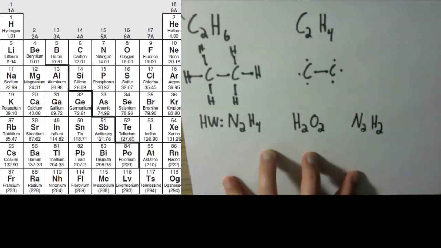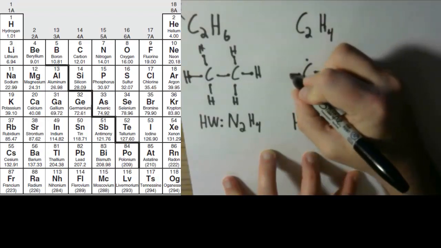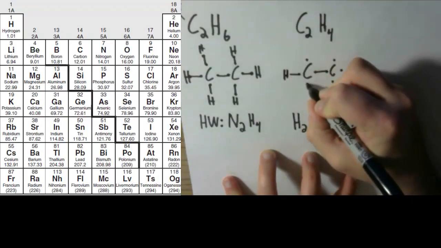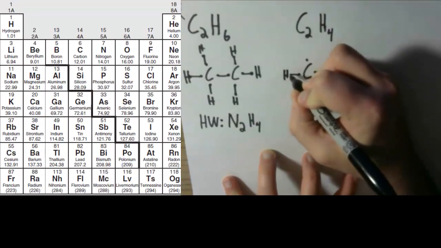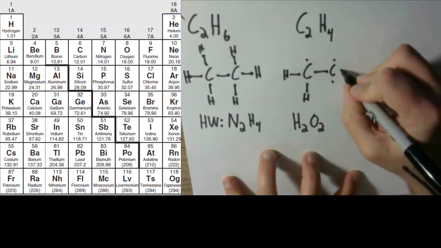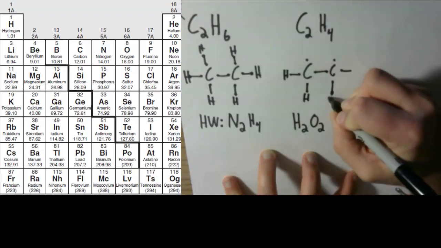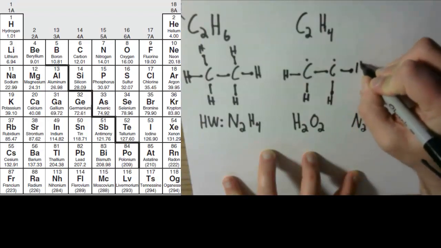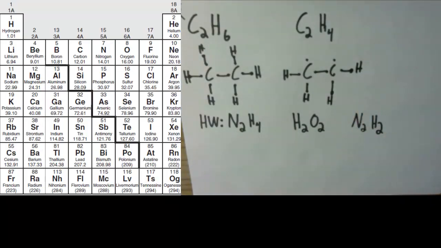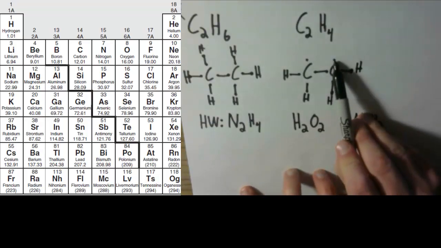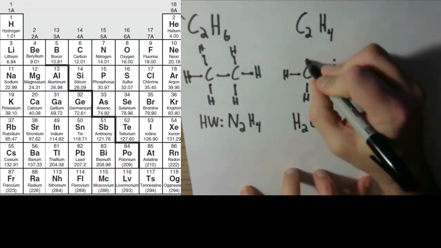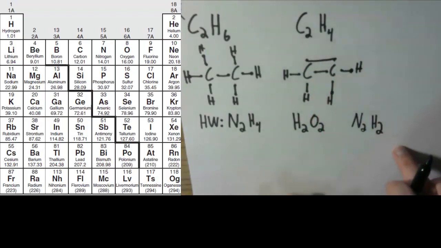So if I attach these 2 hydrogens and these 2 hydrogens, I have electrons that are left over. So what do we do? In circumstances like these, what you do is what's called a double bond. You take the electrons that are left over by themselves and you attach those. And now carbon is attached to carbon twice.